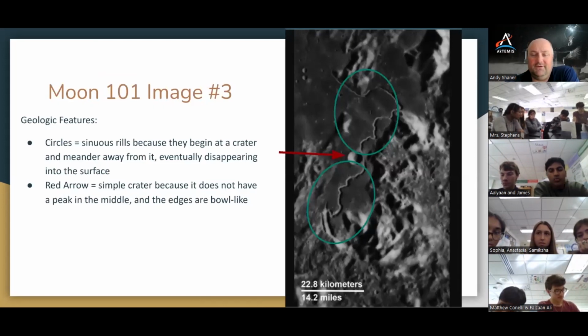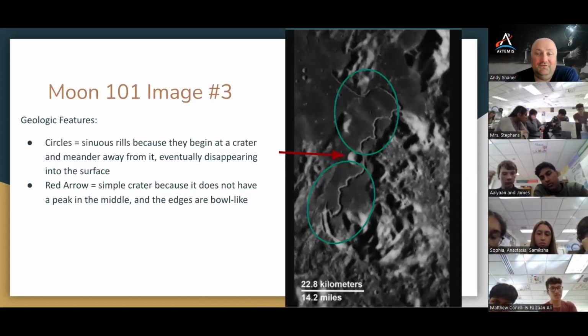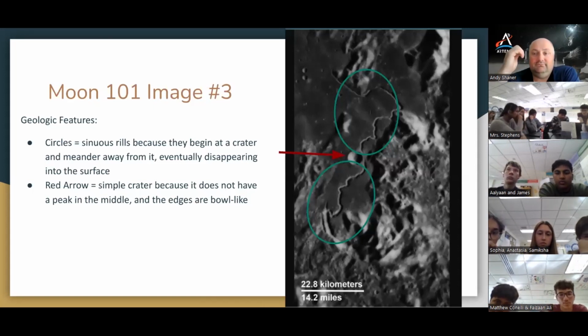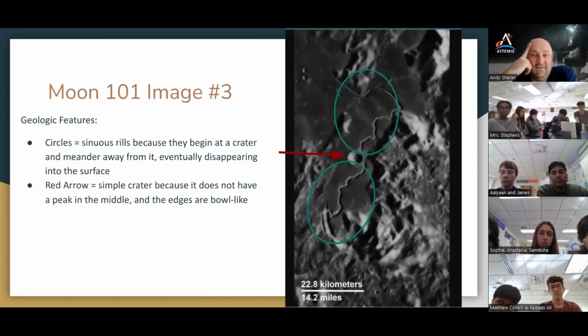If you consider the four things you see in this picture, the rill, as you pointed out, the simple crater, as you pointed out, the darker area the rill is cutting through, that's mare, and then the brighter grayish wider areas, that's highlands. There are four different kinds of geologic units you see here. So you can talk about what we call superposition in geology, which is how old things are relative to each other based on looking at just the order they would have formed.